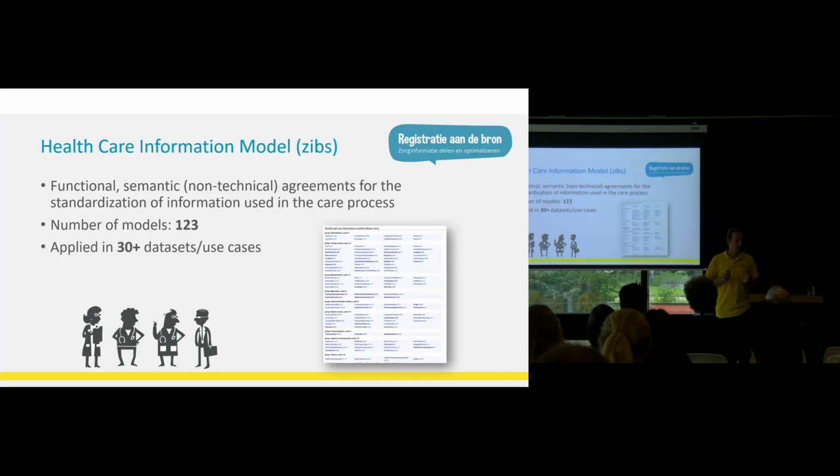So I already said those healthcare models are really an important part of the profiles. That's where they're based on, and they are like logical models. They're made by the healthcare field in working groups, and they have made for 123 concepts in healthcare, like a blood pressure or like some kind of assessment scale.